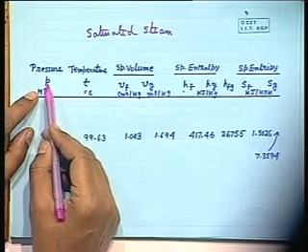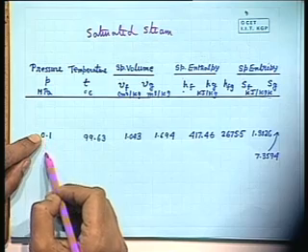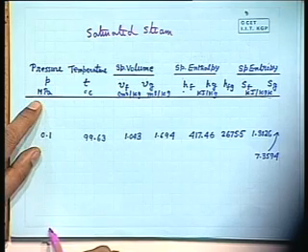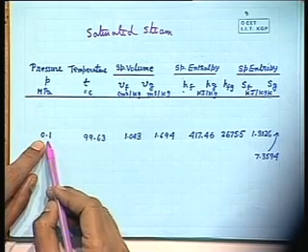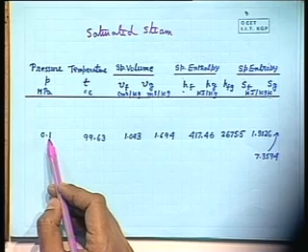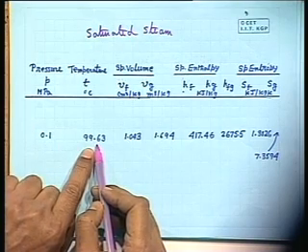One way has pressure as the left column, that means it goes on tabulating pressure from a very low value, then the corresponding saturation temperature. For example, if pressure is 0.1 megapascal, which is almost equal to atmospheric pressure, then the corresponding saturation temperature is 99.63.